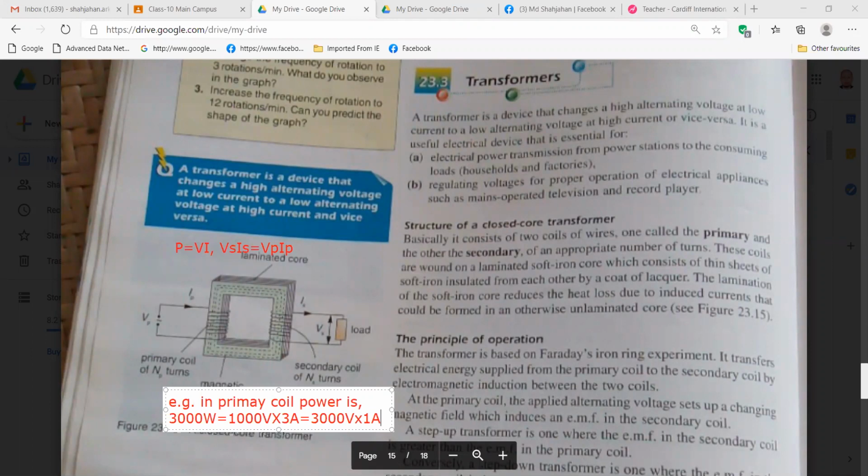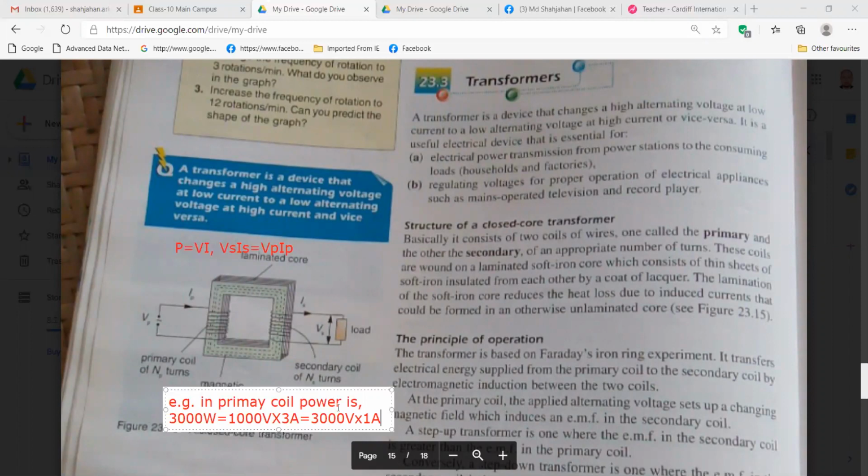We need it for the explanation of another learning outcome. That's why it is very much important to understand it. That primary coil and secondary coil power will be same. So what is changing? The current and voltage is changing here.